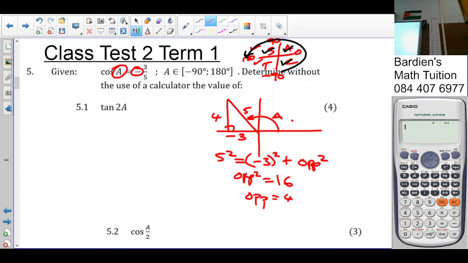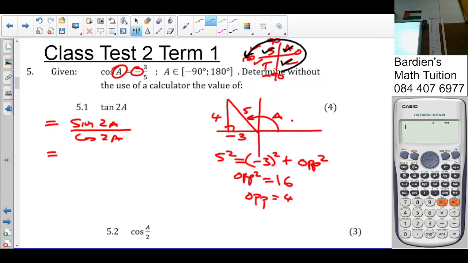So the question says determine, without the use of a calculator, tan of 2A. Now do I have an identity for tan of 2A? No. So I then break it up. Tan can be written as sin 2A over cos 2A. Can I use that for the diagram still? Not yet.